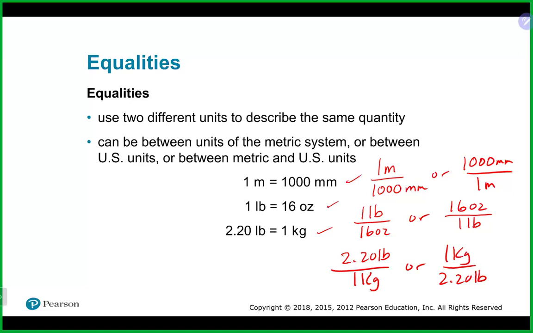When we use these conversion factors, some of them are considered exact numbers and some of them are not. The importance of that is when we do calculations and try to figure out how many significant figures we should end up with, we only look at things that are not exact numbers, really more measured numbers.